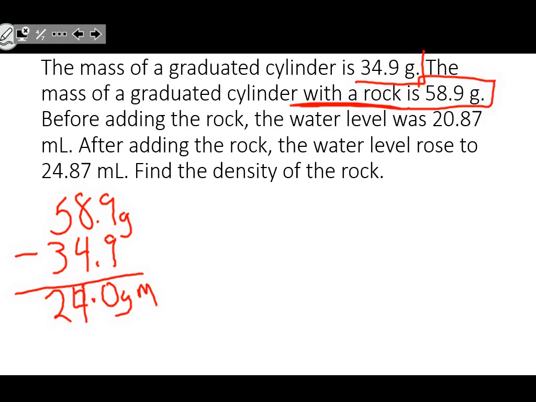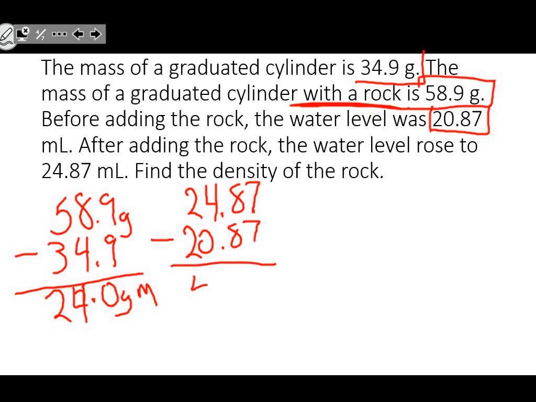Now we need our volume, okay? Before adding the rock, the volume level was 20.87. After we added the rock, it was 24.87. So once again, take our final volume, subtract the initial volume.